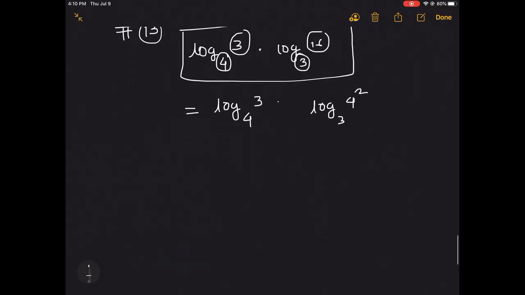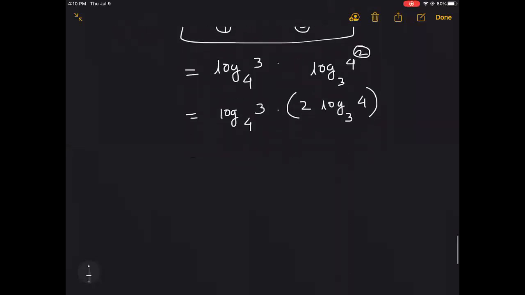Next, log 4 base 3 times log 16 base 3, we can actually take the exponent in front, so it will be 2 log 4 base 3. All right. So these two can be taken here because we are multiplying. This is exactly the same thing even if we write it in front of this.